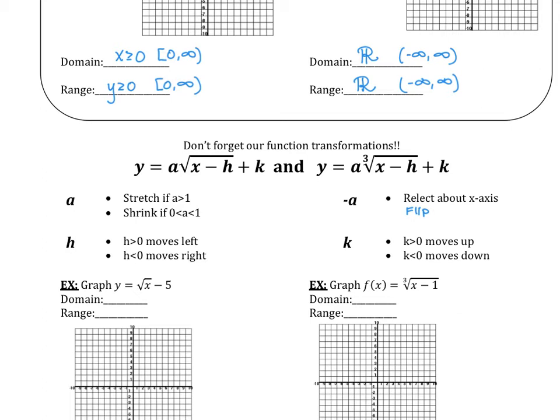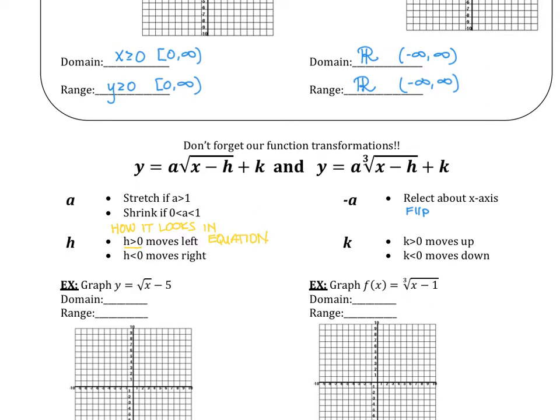now let's talk a little bit about h, and I want you to make a note that this is how it looks in the equation. I didn't leave myself enough room to write that. Because if it looks like h is greater than 0 in the equation, then it's actually moving left.